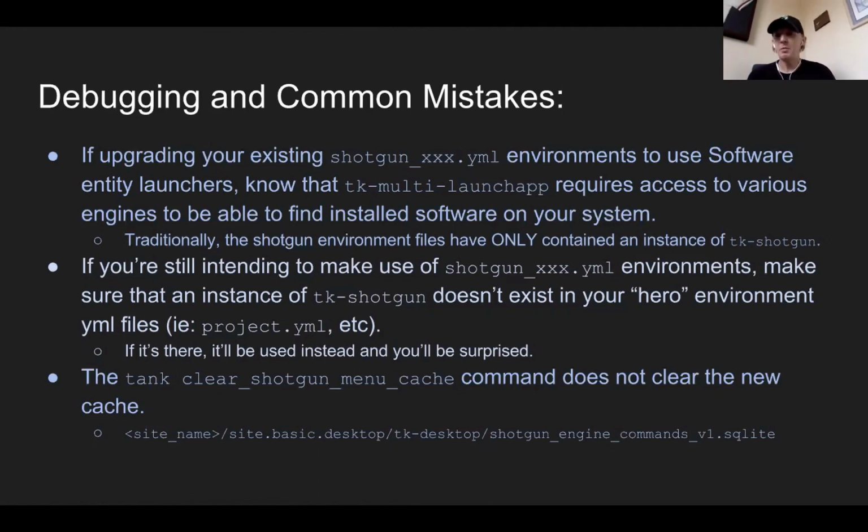But if you think something is broken and you're getting back broken cache data, just like before where you would run clear Shotgun menu cache to see if it would clear itself up after refreshing the page, you can nuke the SQLite file pretty safely and then refresh the page just like you would have before, and you should be in a good state.